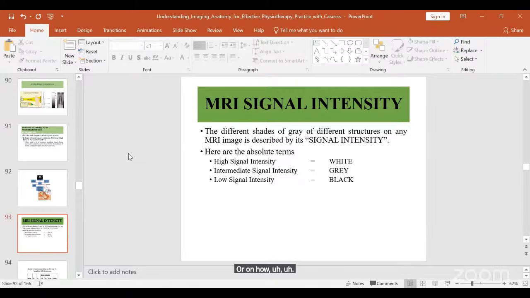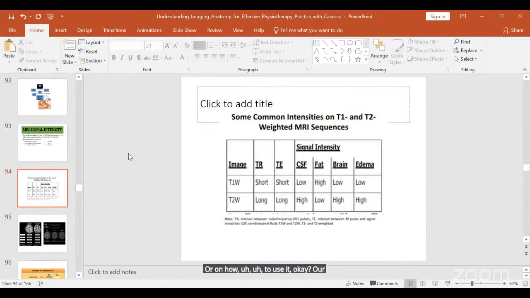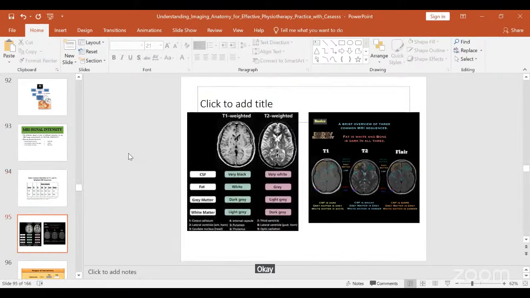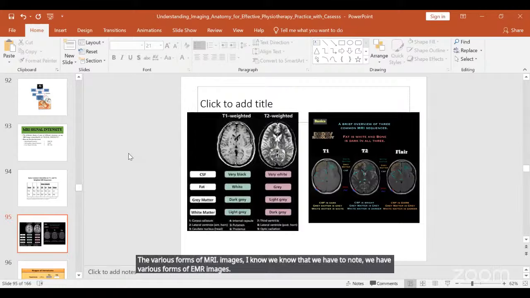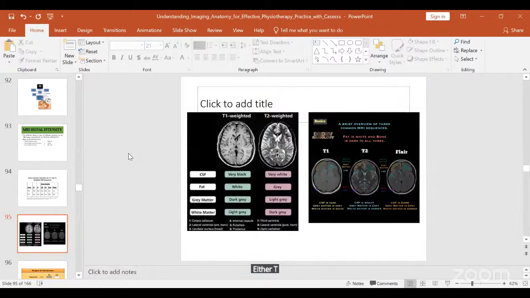Okay, MRI signal, we'll discuss this. So we know the MRI language now. We have the various forms of MRI images, either T1 weighted images or T2 weighted images, isn't it? In T1 images, fluid areas appear dark, while in T2 fluid appears white.